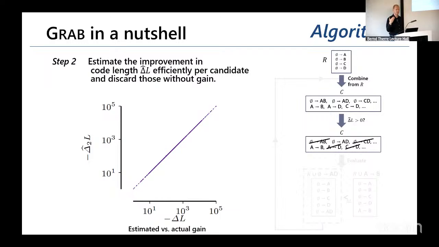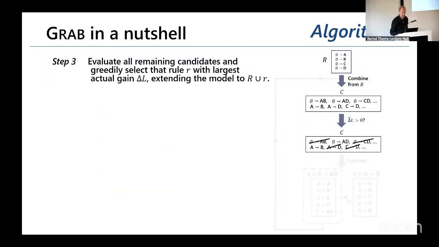And that allows us to define a strategy: if we take the one that we think gives us the most gain, and it gives us gain at all or a good amount of gain, let's forget about all the others. We can be super greedy in that sense, which speeds up things massively. So that's what we do.